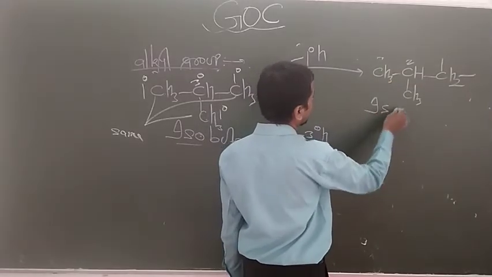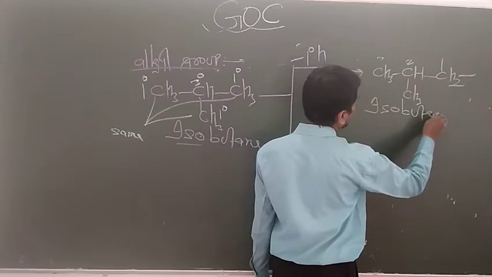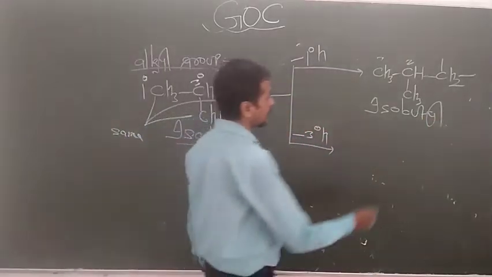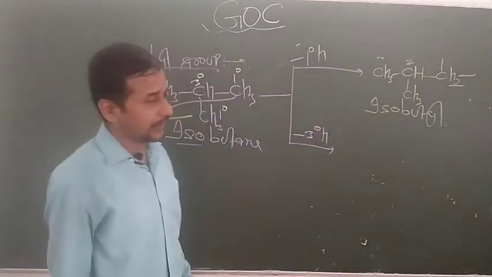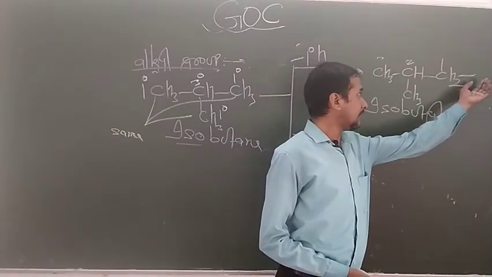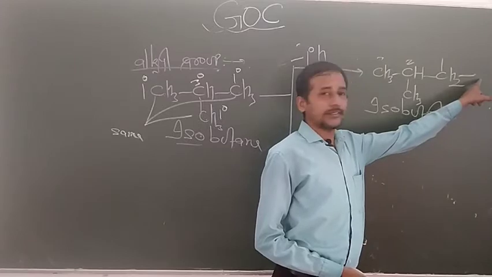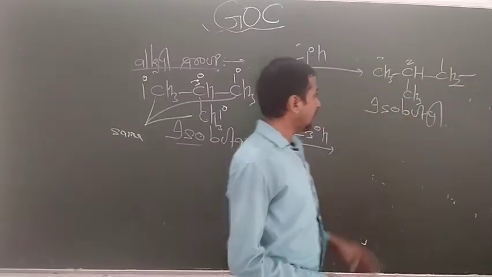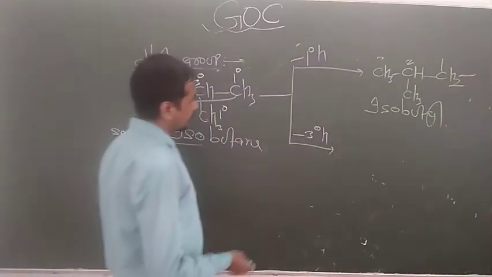So this is known as iso, came from butane. So that's why it is known as isobutyl. So again here one formula may be asked: write the formula of isobutyl alcohol, isobutyl chloride, isobutyl cyanide. So you have to attach OH in case of alcohol, Cl in case of chloride, and CN in case of cyanide. Here, you can find the isobutyl alcohol, isobutyl chloride.